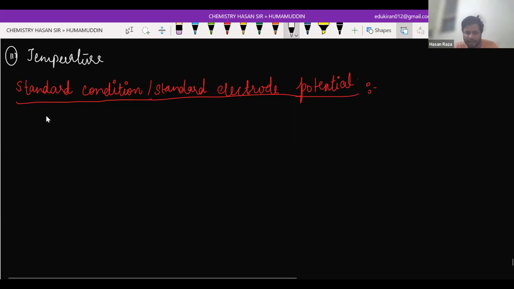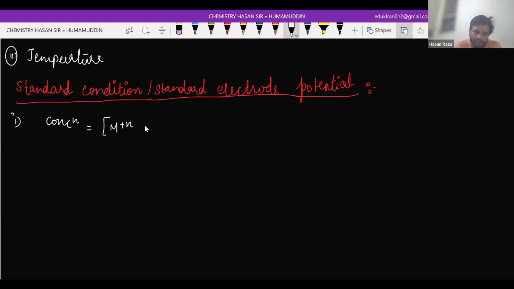What is this under standard condition? In a standard condition, we take concentration as 1 molarity. M stands for molarity.